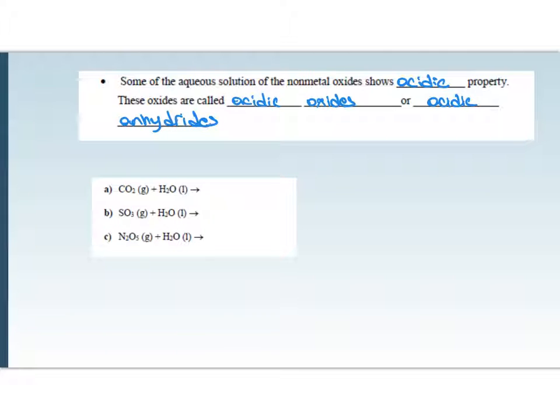For example, carbon dioxide gas dissolving in water produces carbonic acid, a weak acid. Or sulfur trioxide gas reacts with water and produces hydrogen sulfate, oil of vitriol, which is a strong acid. And dinitrogen pentoxide, when you put it in water, produces 2 hydrogen nitrate, again a strong acid.